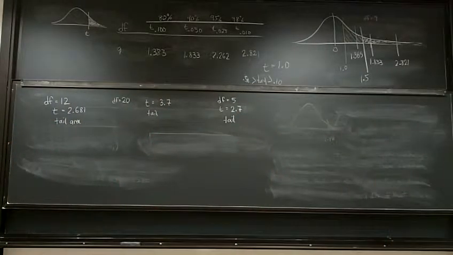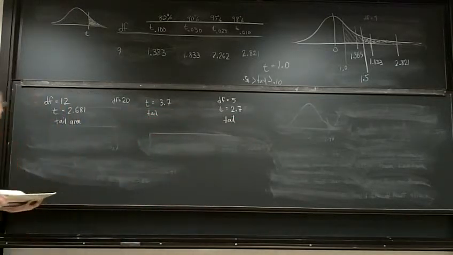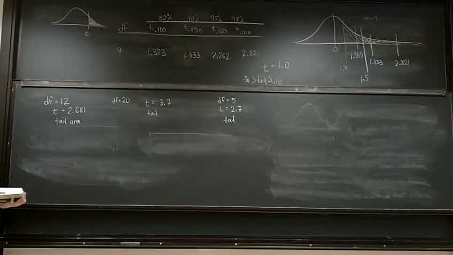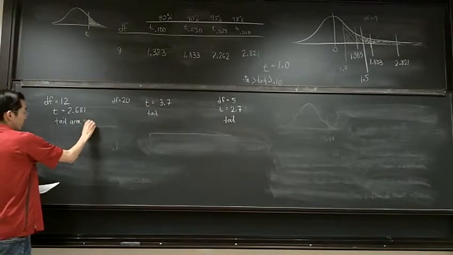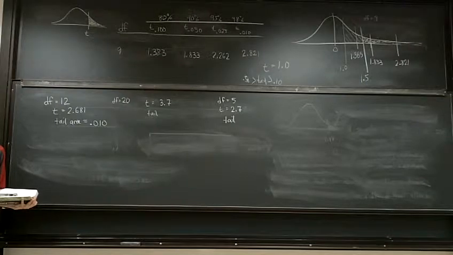How are we doing? Okay. First one. What is my tail area? 1%. 0.01 is my tail area.